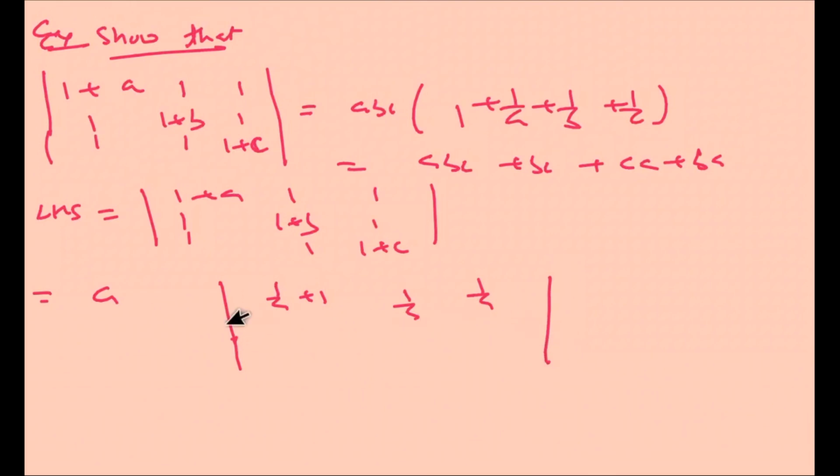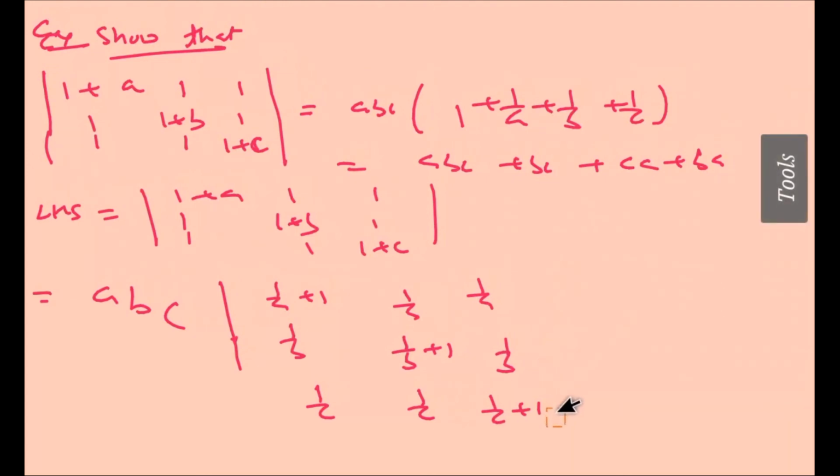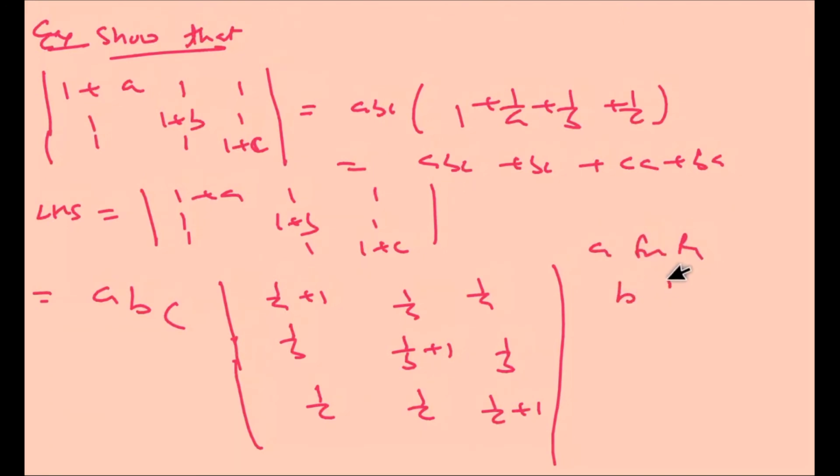Now we can take common only from R1. Again taking b common from R2, we get 1 upon b, 1 upon b plus 1, 1 upon b. Taking c common from R3, we get 1 upon c, 1 upon c, 1 upon c plus 1. So a from R1, b from R2, c from R3 are taken common.